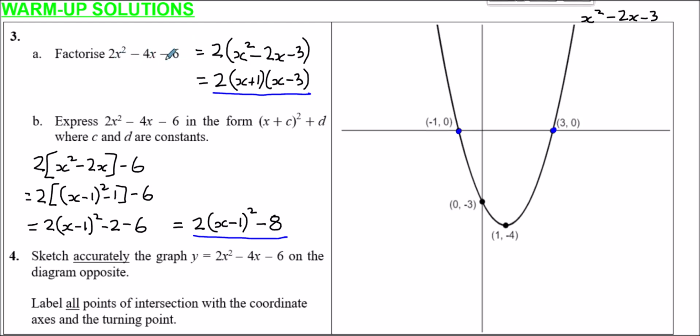So it's going to cross the y-axis not at minus 3, but further down here at minus 6. And as well as that, the turning point we can see from the completed square form is going to be at 1, minus 8. So this minus 4 is going to be right down here at minus 8.